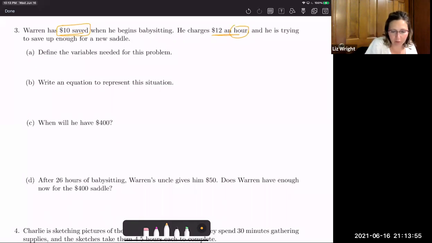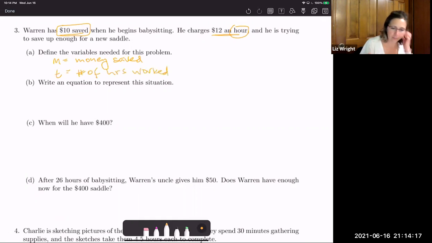So our variable, I'm going to say M is money saved. And then T is number of hours worked.